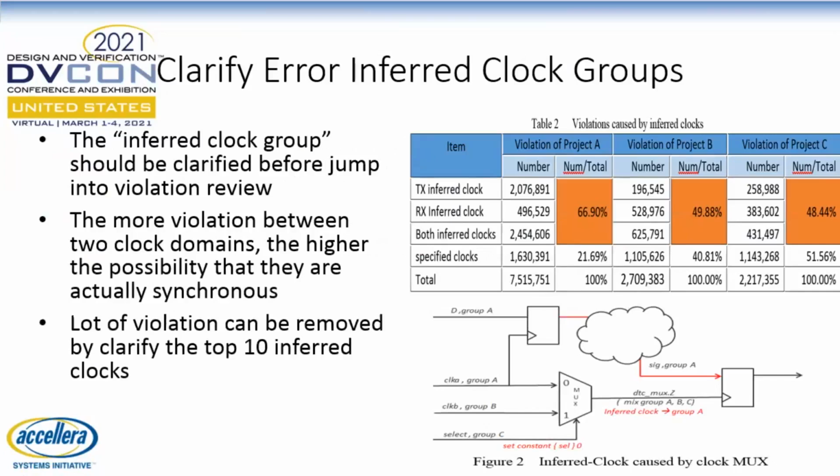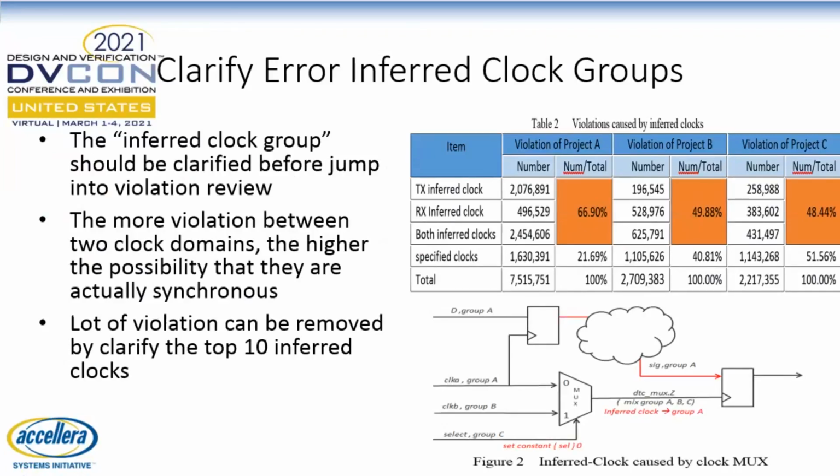Let's first look at the impact of the inferred clock on CDC violations. The inferred clocks are not user-specified clocks, but tool-inferred clocks. By default, the CDC tool will consider these unspecified clocks as asynchronous clocks. If this inference is wrong, a large number of false alarms will be generated.